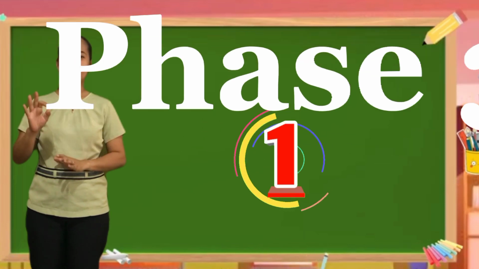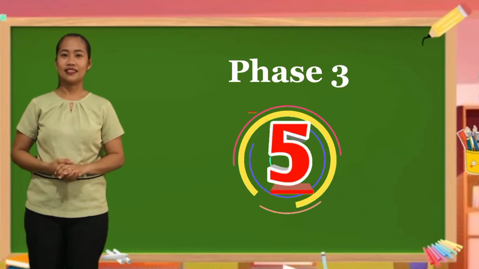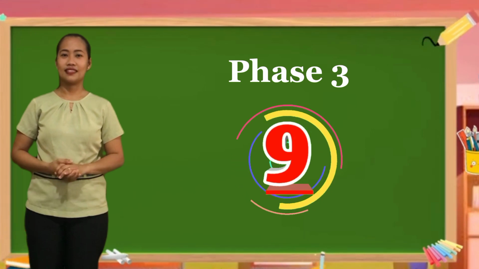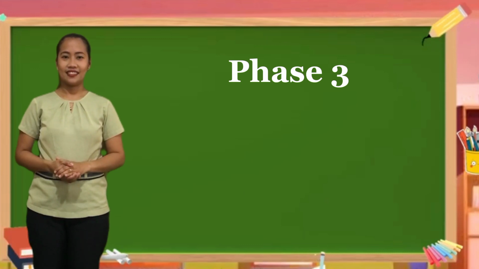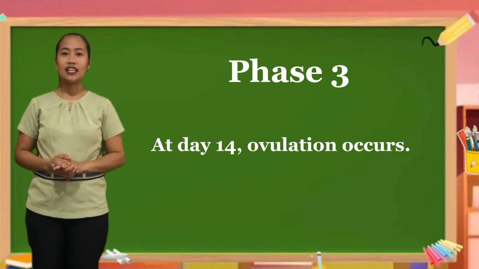Phase 3. Very good. At day 14, ovulation occurs.